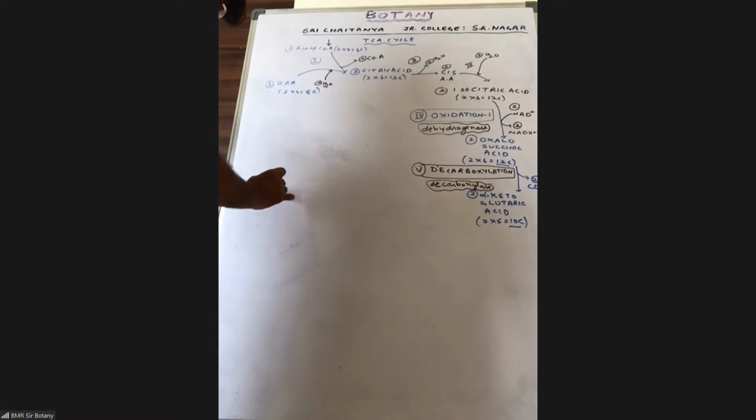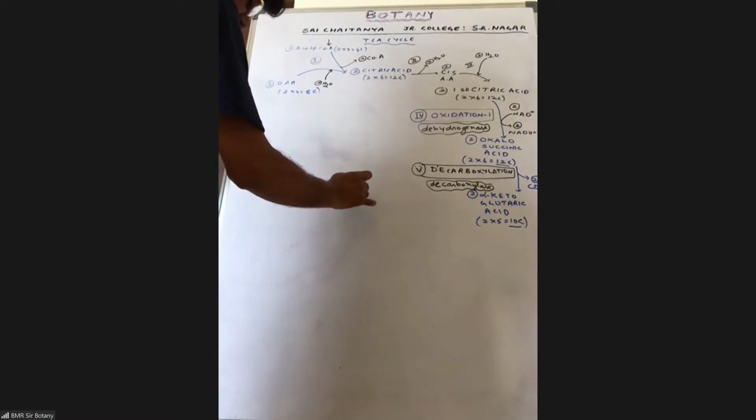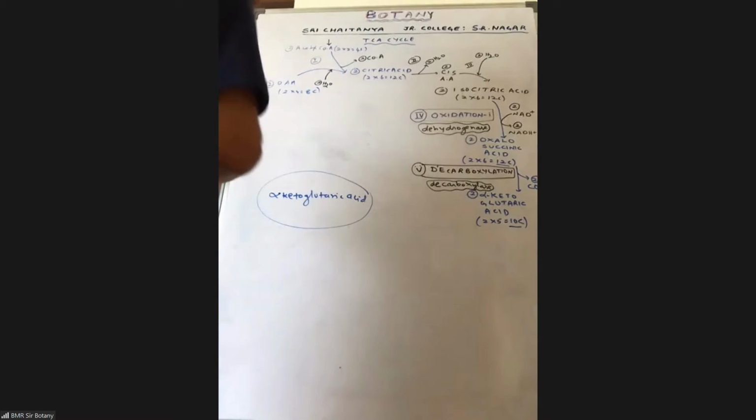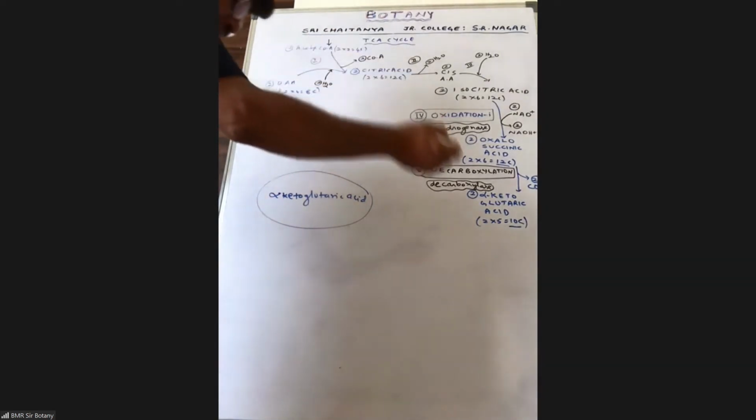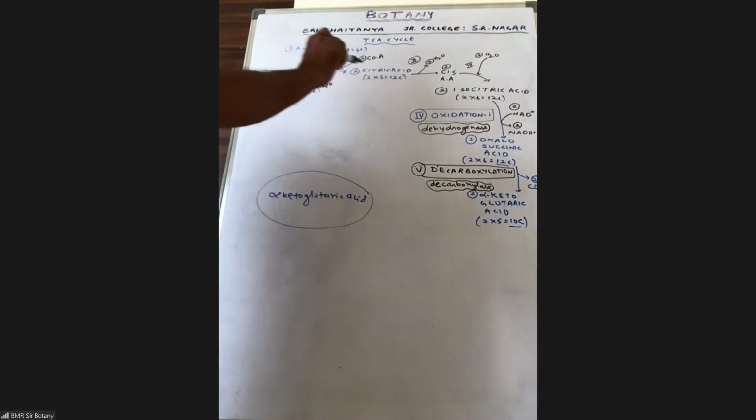Now, when I say alpha ketoglutarate acid, it should remind you of 2 things, Nana. So write that point separately. Alpha ketoglutarate acid. Did you come across it anywhere, Nana? In mineral nutrition, nitrogen metabolism. Transamination. Reductive amination it was undergoing, Nana. When it is added with an amino group, it becomes amino acid. It is the raw material for amino acid.